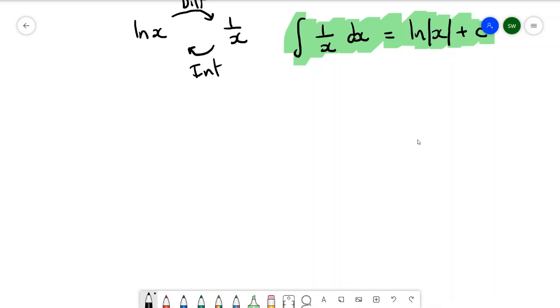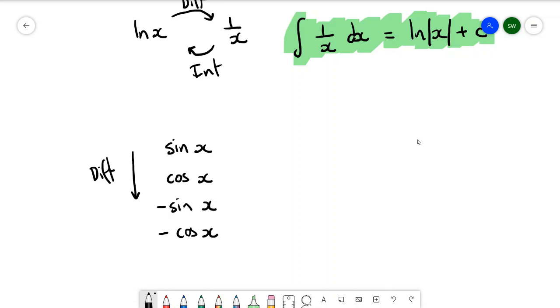And we can also integrate the trig functions. Let's think about how to differentiate the trig functions. You've already seen that if you differentiate sine x, you get cos x, if you differentiate cos x, you get minus sine x, and if you differentiate minus sine x, you get minus cos x. If we put them in that order, as you go down this list, you're differentiating, and we know that integration is the opposite of differentiation, so as you go up this list, you're integrating.